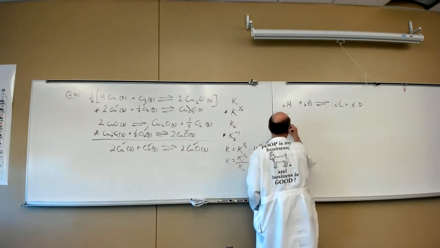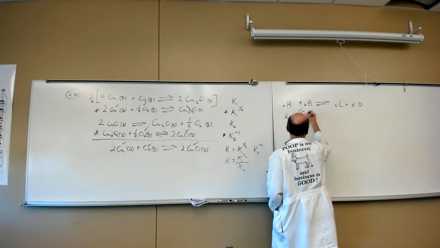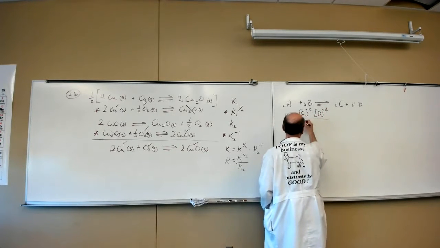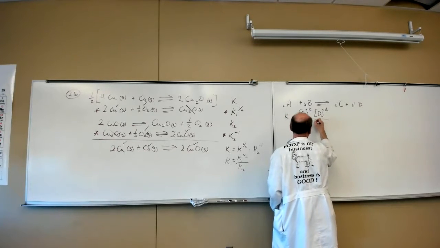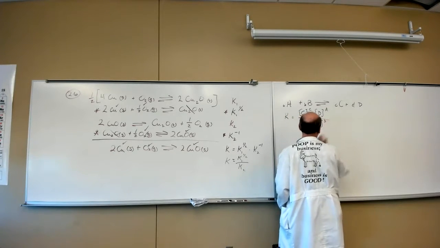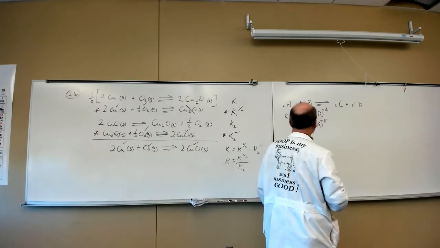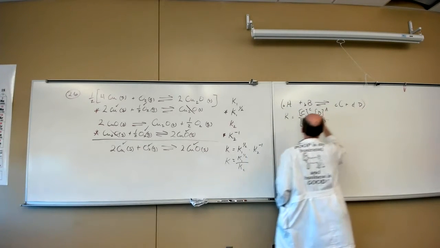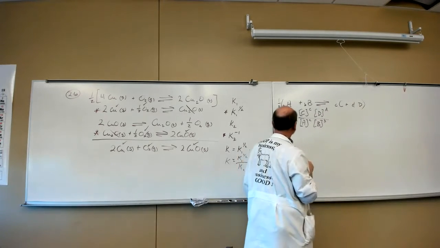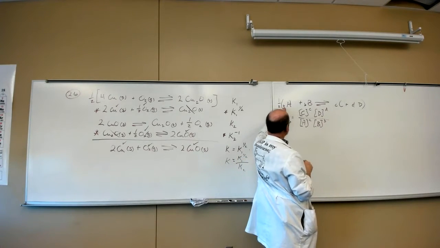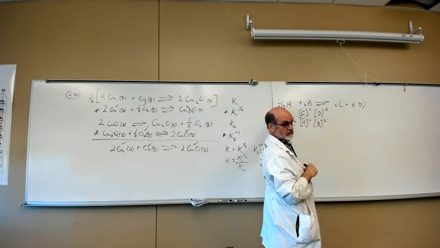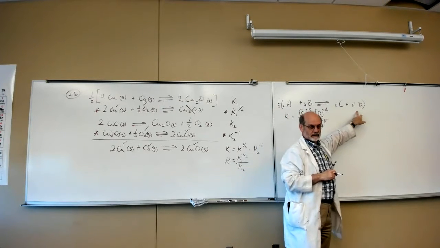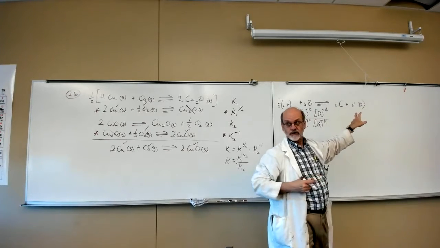Okay, so the K for this one is going to be okay. Now what happens to K if we take half of this one? Okay, so that would be A divided by 2, right? So it's changing the answer. And B divided by 2, C divided by 2, and D divided by 2, right? That would change the coefficients, right?